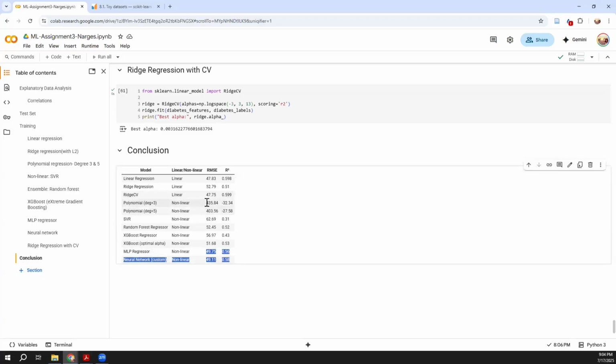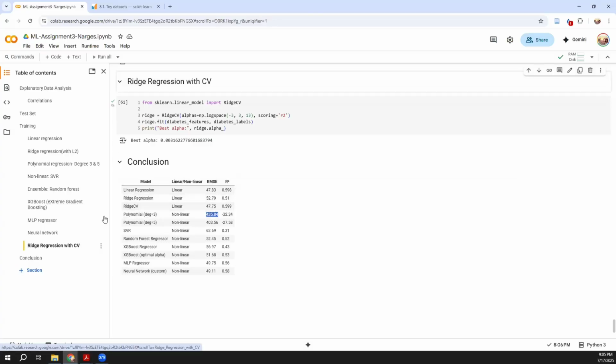And the nonlinear models didn't really work well, especially for polynomial, both degree 3 and degree 5. We can see that R-square is negative, which is far away from what we want, and it's actually terrible. And the root mean square error is quite high. So let's forget about nonlinear ones for now and apply cross-validation on our ridge regression.